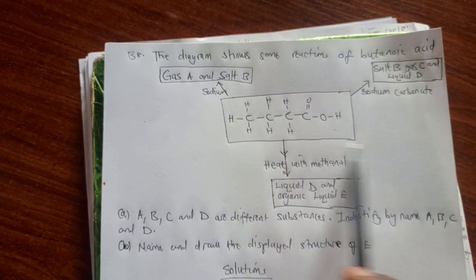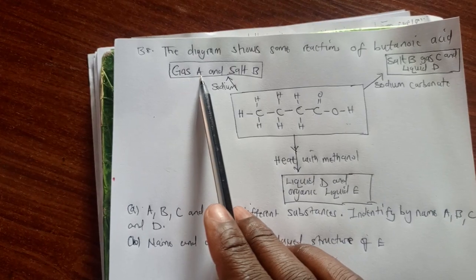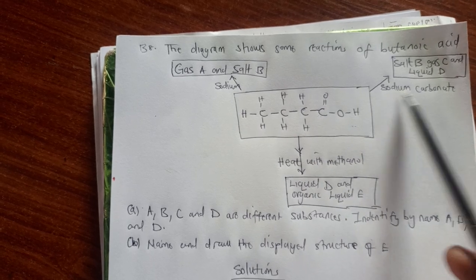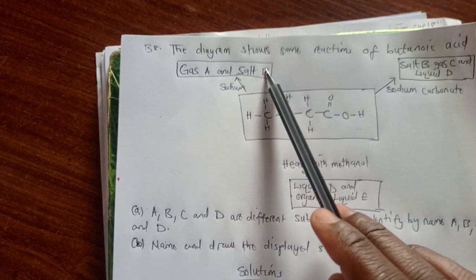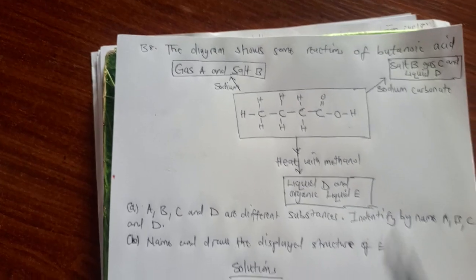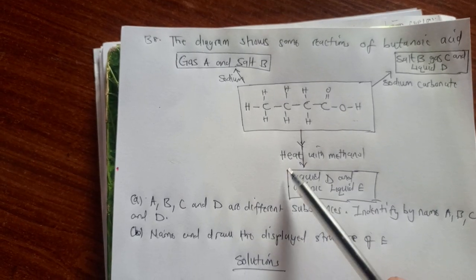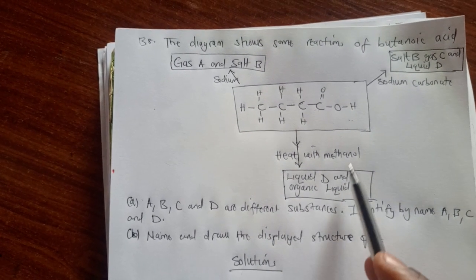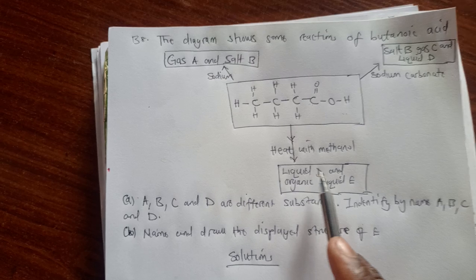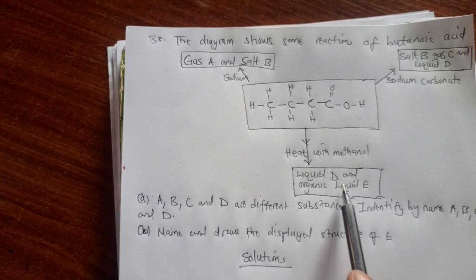Firstly, on the left side, it is reacting with sodium to produce gas A and salt B. On the right side, the same butanoic acid reacts with sodium carbonate to produce the same salt B, gas C, and liquid D. Then the same butanoic acid is further reacted with methanol to produce liquid D and organic liquid E.